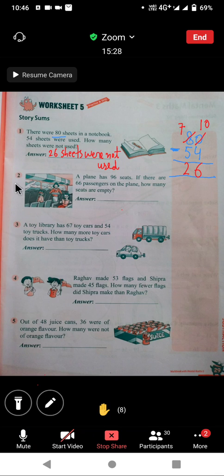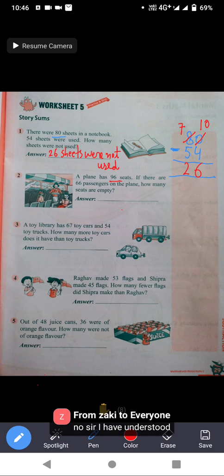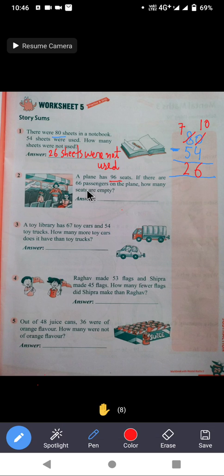so what you have to do in question 2: a plane has 96 seats. So in a plane total seats are 96. If there are 66 passengers on the plane, so 66 passengers will sit on 66 seats.